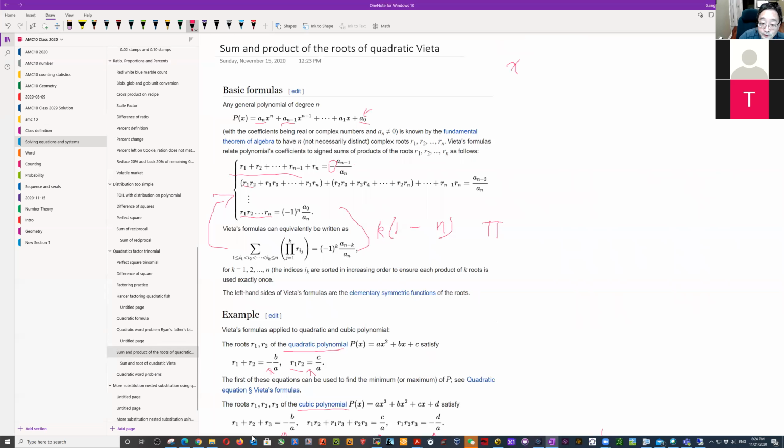The quadratic formula states that x1 equals negative b plus or minus the square root of b squared minus 4ac, over 2a.